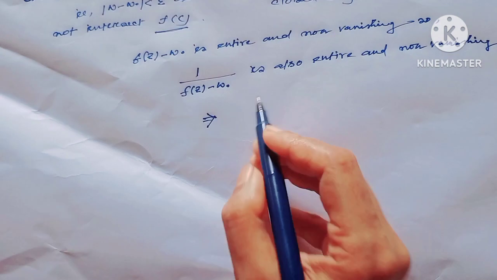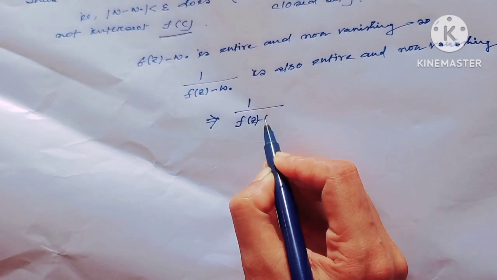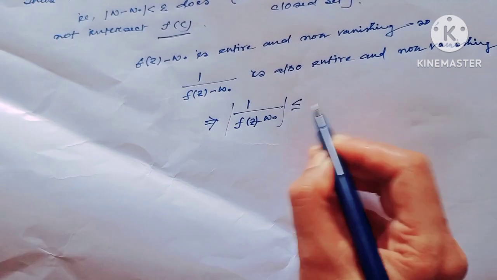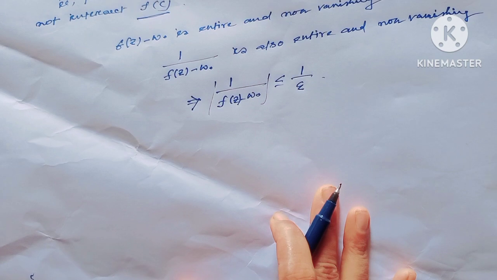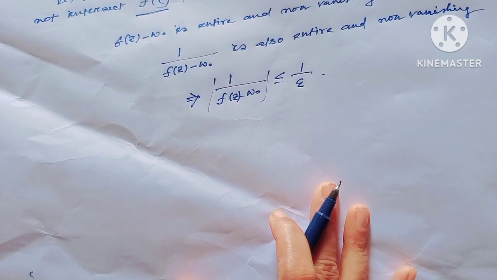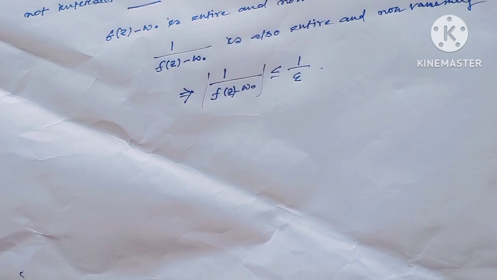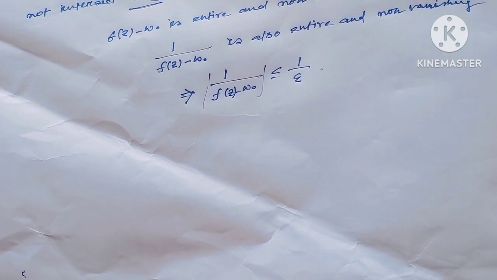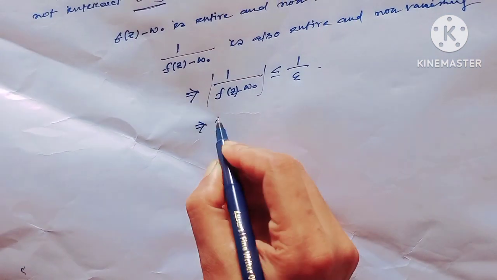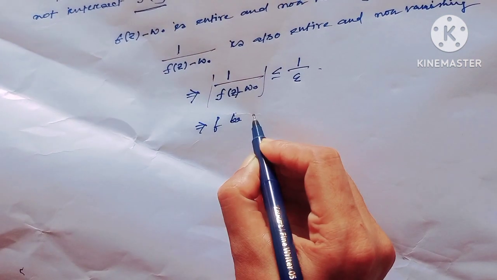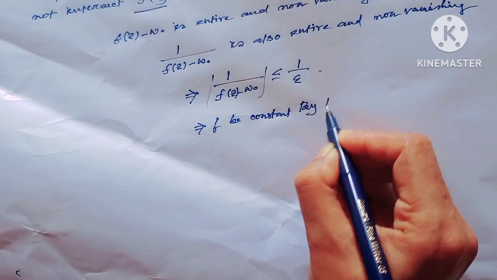So 1 over f(z) minus w naught has absolute value less than or equal to 1 over epsilon. Since this is bounded, f must be constant by Liouville's theorem.